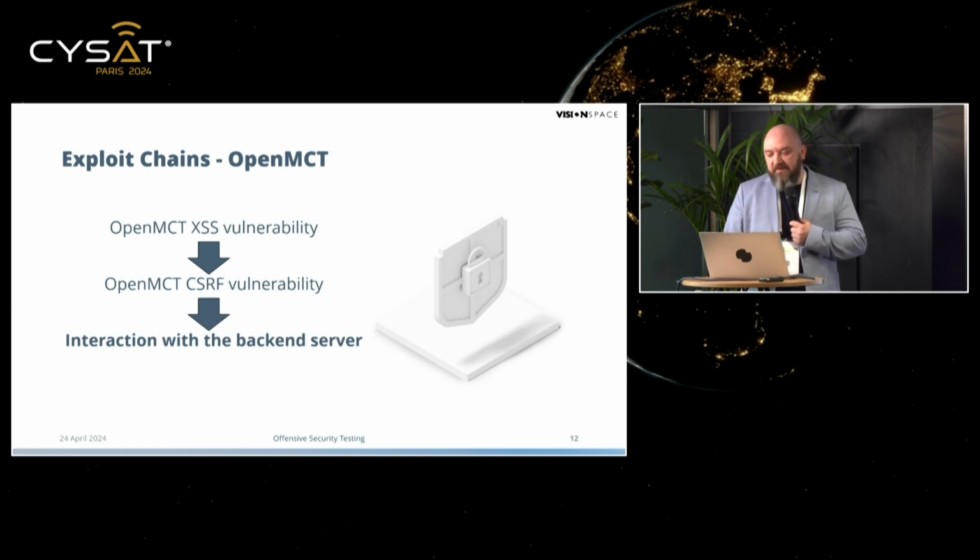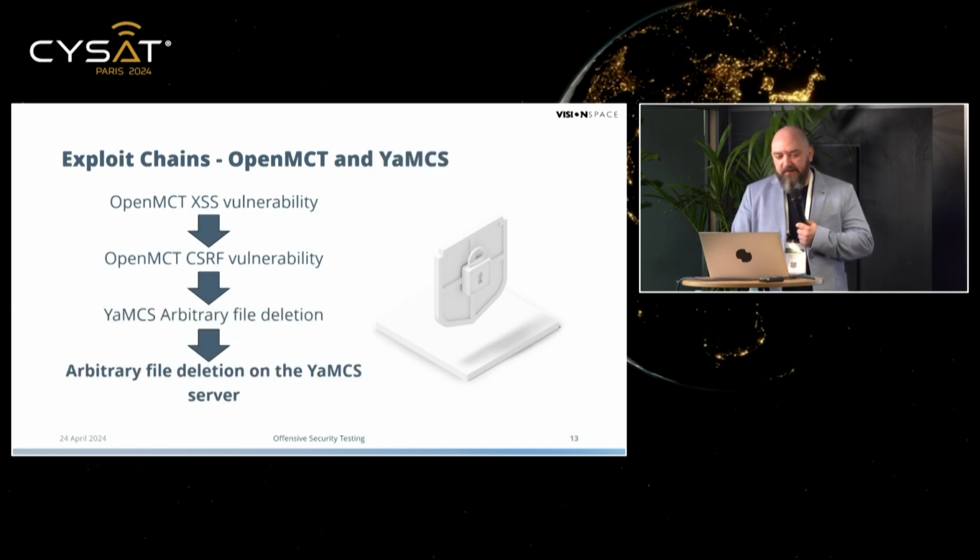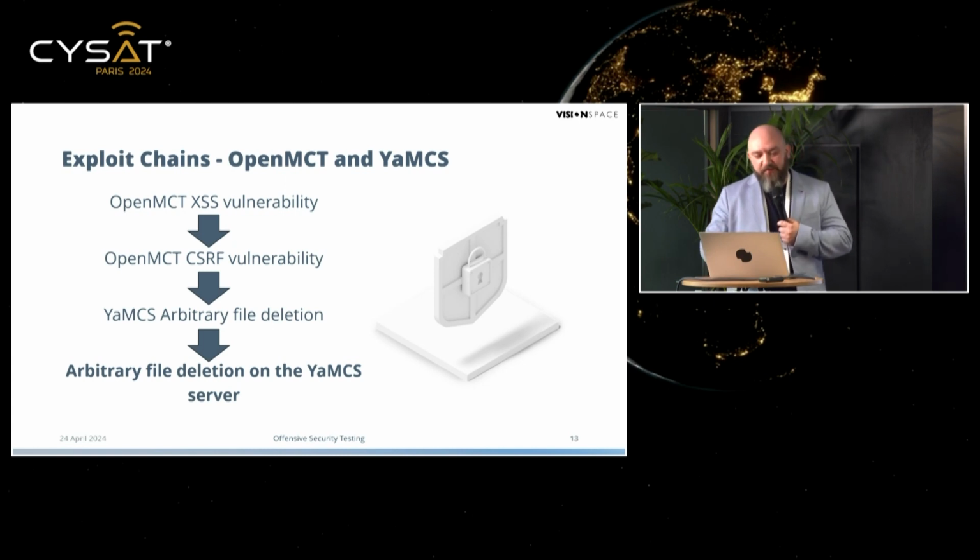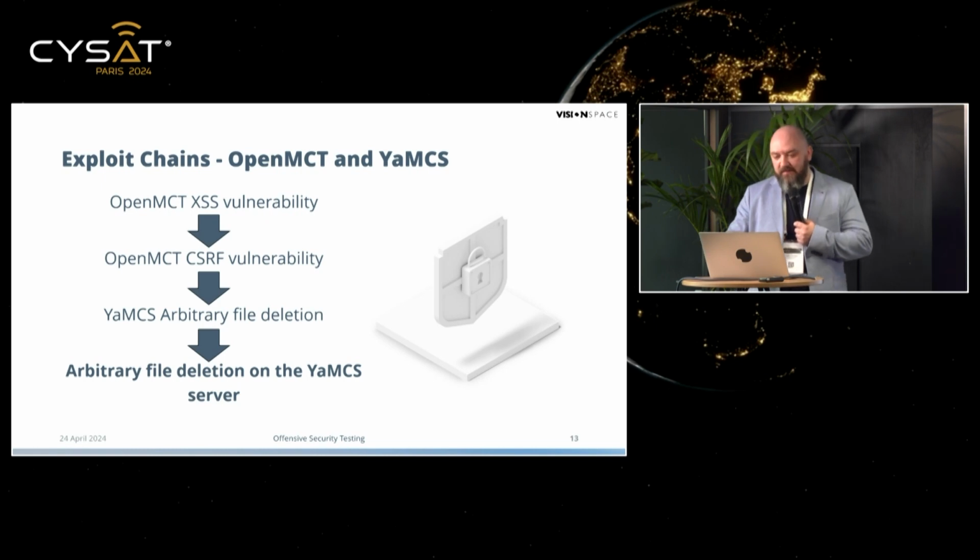In the case of OpenMCT, one example was when we were chaining XSS with CSRF vulnerabilities in order to interact with backend functionalities, such as databases. And then it just happens that OpenMCT comes with a plugin that the users can use to operate OpenMCT as a frontend, with MCS as a backend.